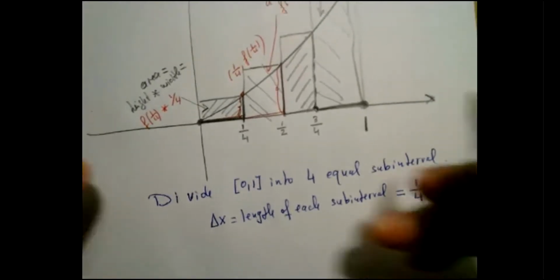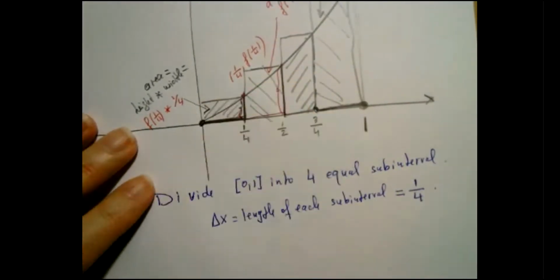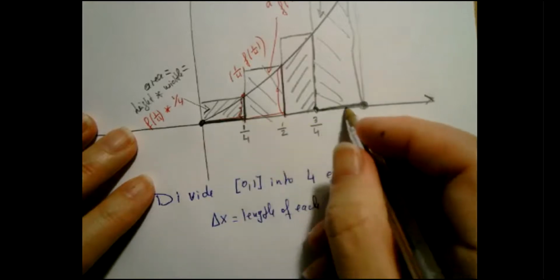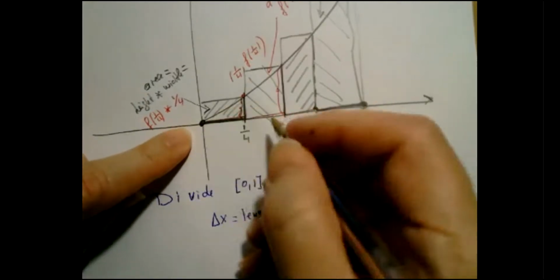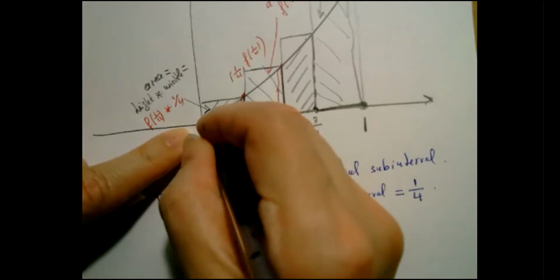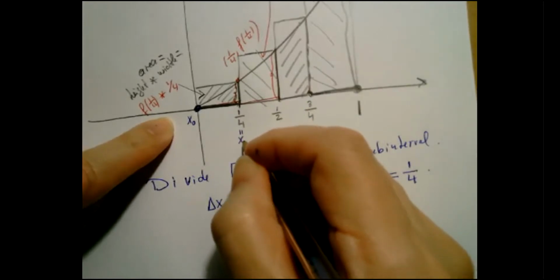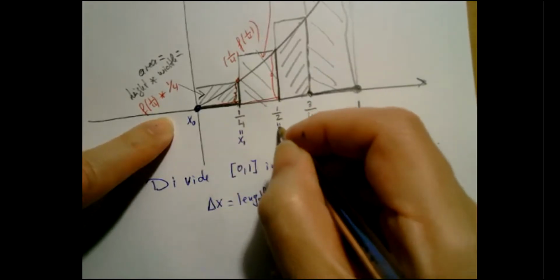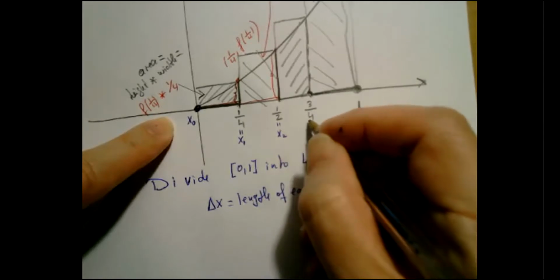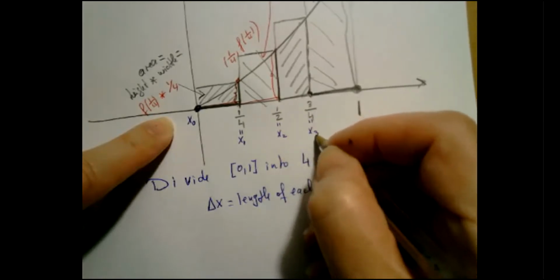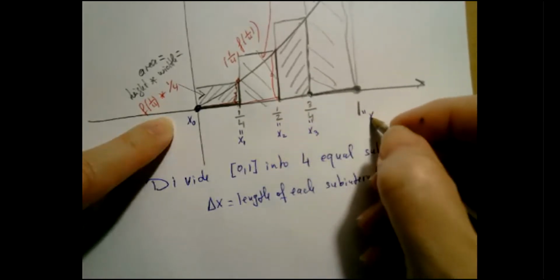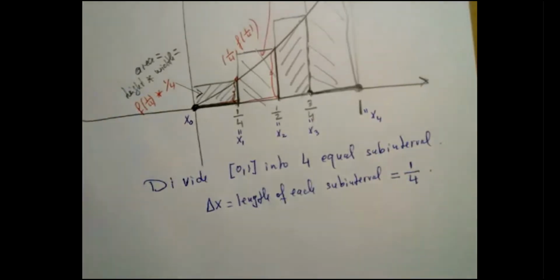Now, some notation in order. The endpoints of those subintervals, in general, we're going to call them the following. The first, we call x0. And this, we call x1. This, we'll just give them names, x2, x3, and this we call x sub 4, because this notation is used a lot.